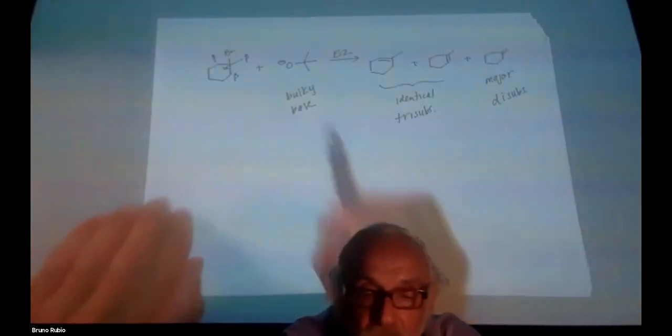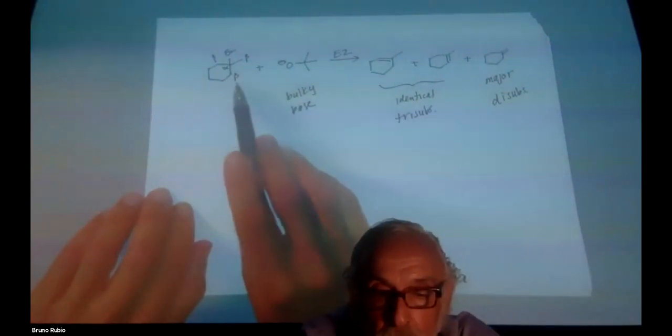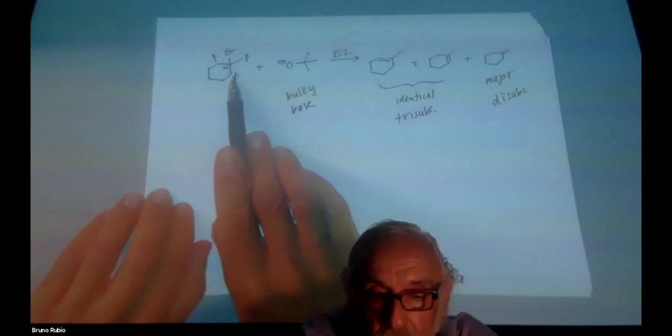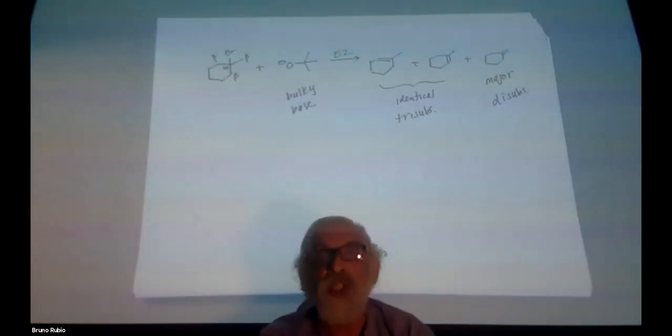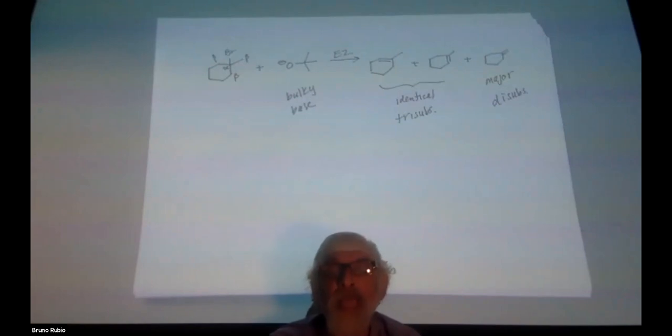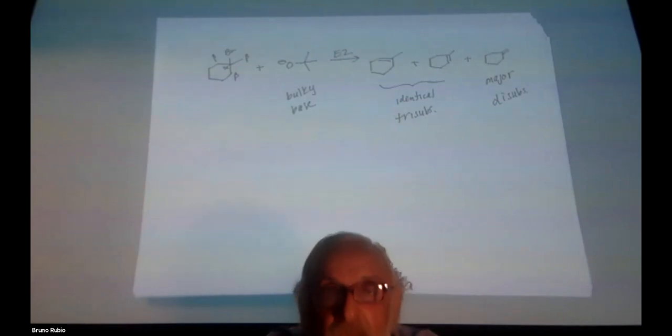Because in order to pick off the beta proton down here at 4 o'clock and the beta proton over here at 12 o'clock, the base is just too big and bulky to be able to get in there and remove those protons rapidly.